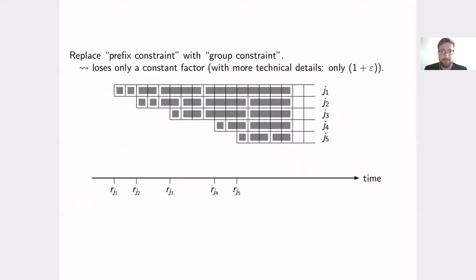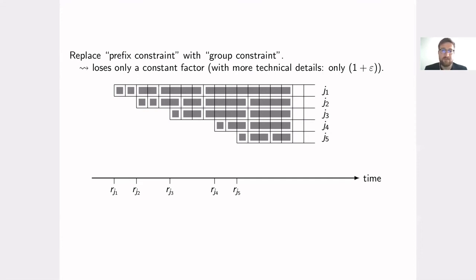So first, recall that in the general case, we had to select prefixes of each row. But this prefix constraint, we can replace it by a certain group constraint, where we group the rectangles into exponentially growing groups of squares which grow from left to right.